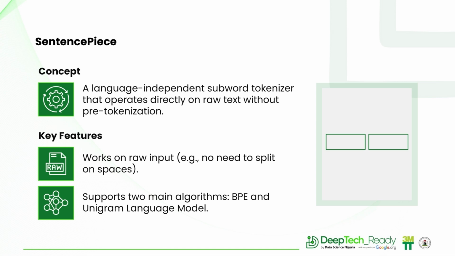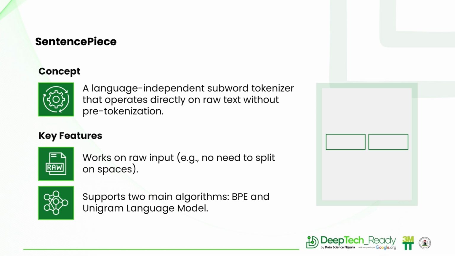It supports two main algorithms, byte pair encoding and the unigram language model, and this gives it flexibility depending on the needs of the task. Also, SentencePiece tokenization is great for creating compact, efficient vocabularies for models like T5, as well as other sequence-to-sequence models.